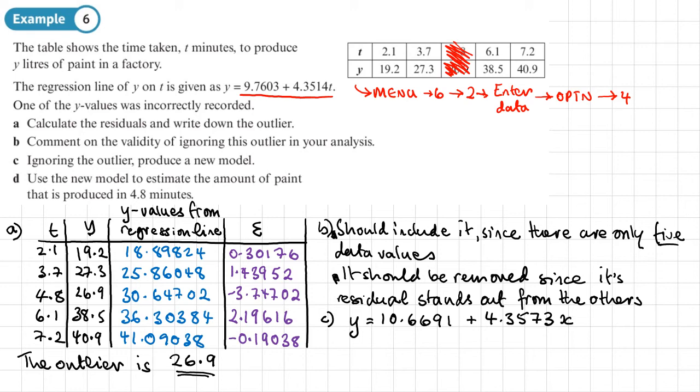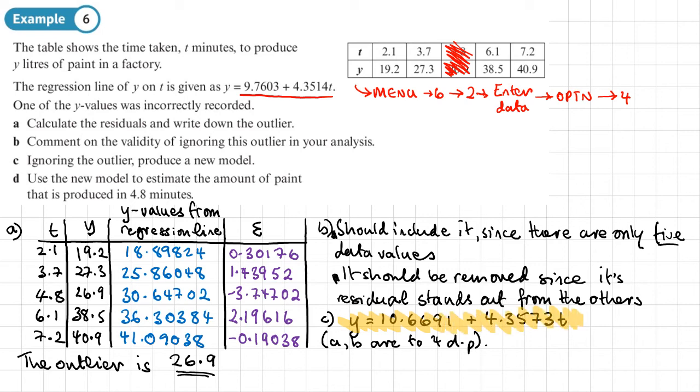So I'll just put that A and B are to 4 decimal places, and I just need to remember that it shouldn't be X here at the end, it should be T, because T is on the top row. So let's just highlight that before we move on to part D.